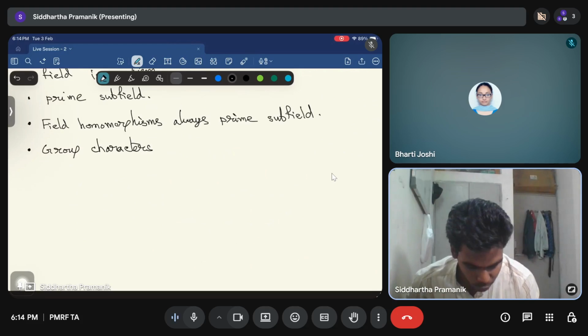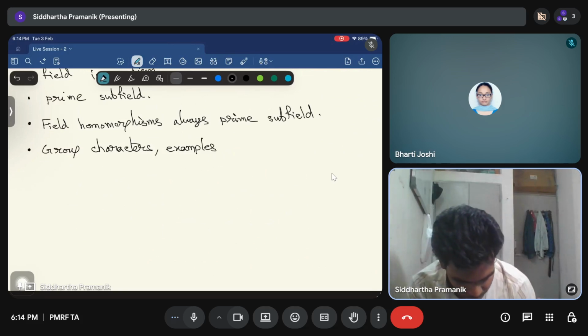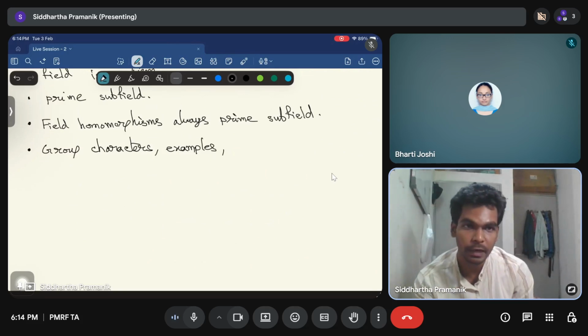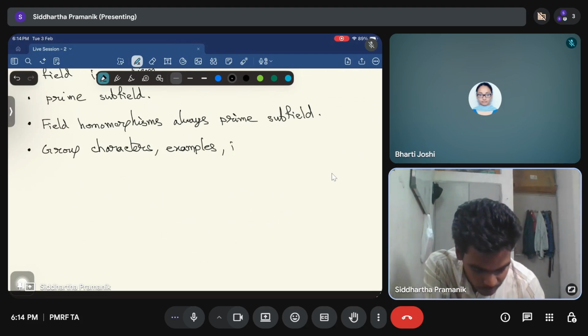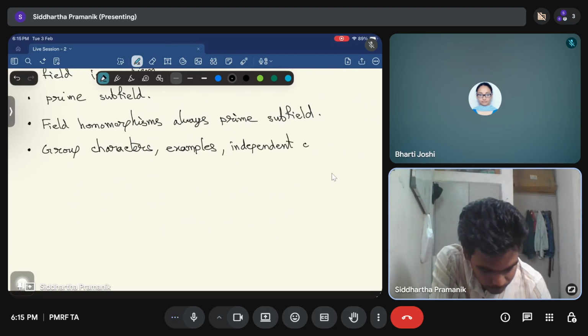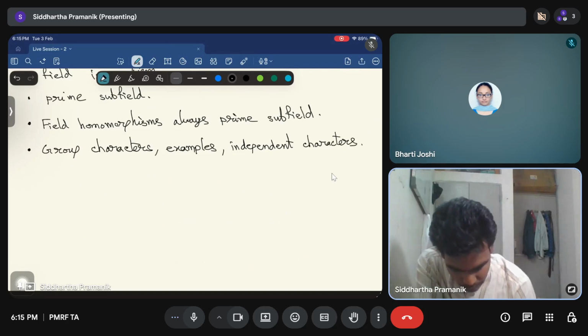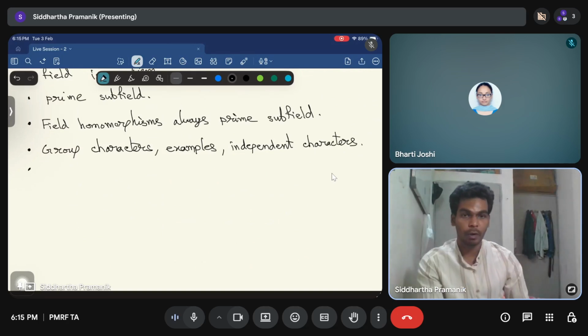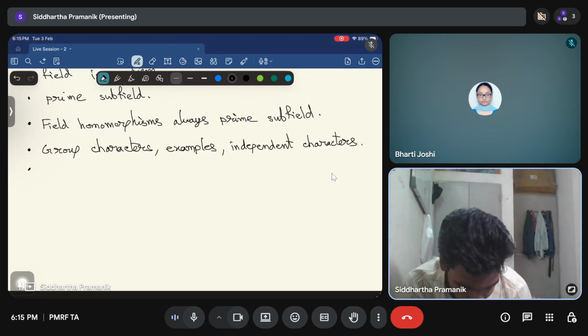We have seen some examples. Then we defined the notion of independent characters. This is important, and we will use this concept several times. And we have proved the important result, the Dedekind lemma.